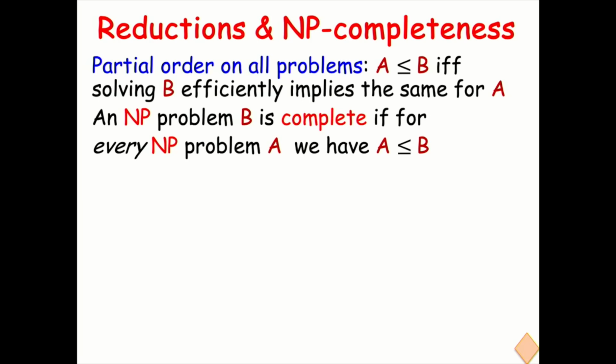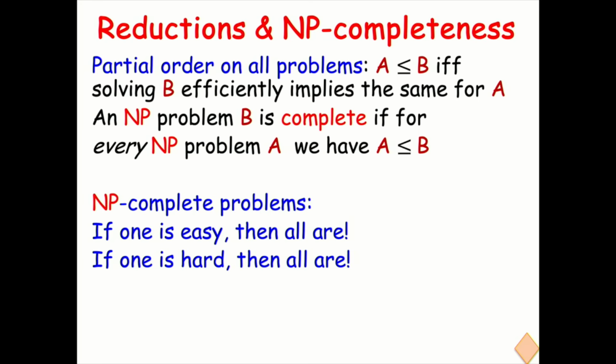And you can imagine, although I won't talk about it, that finding the first NP-complete problem was the most non-trivial one, because you have to prove for every other problem in NP that it reduces to it. And after that, you can make reductions from this one complete problem. So from the definition, you see that NP-complete problems are all equivalent. If one is easy, then all of them are easy, they are interreducible. If one is hard, then all of them are hard.